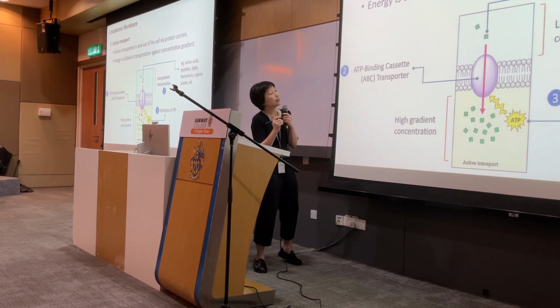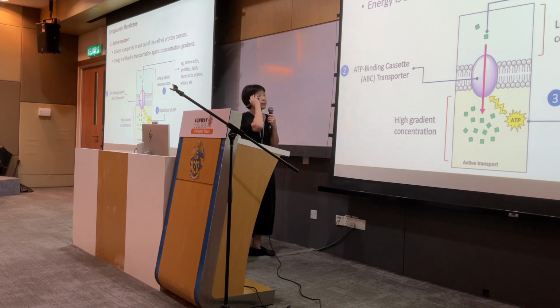The second difference is that there is also a concentration gradient, but it runs oppositely, meaning the molecule is transported from low concentration to high concentration, against the concentration gradient. So these are the two differences from passive diffusion.